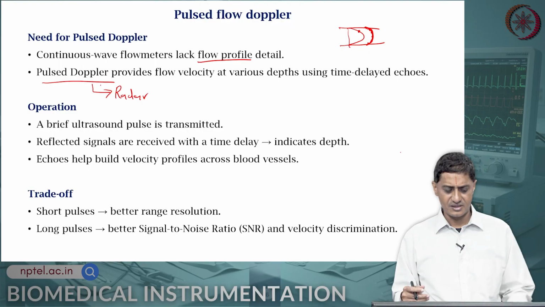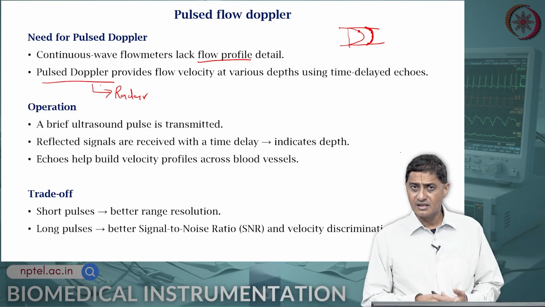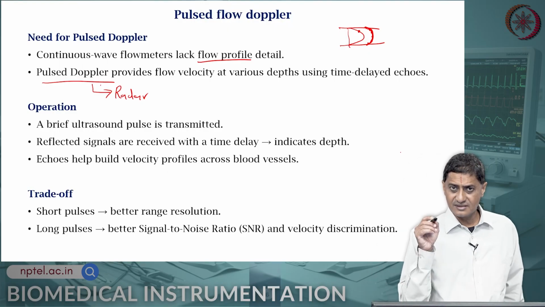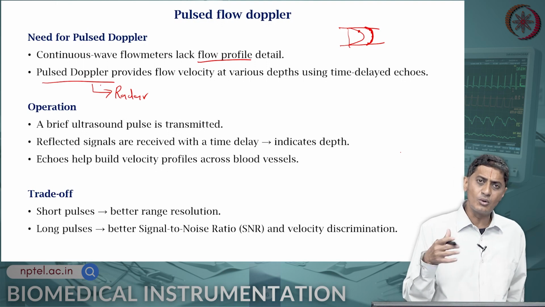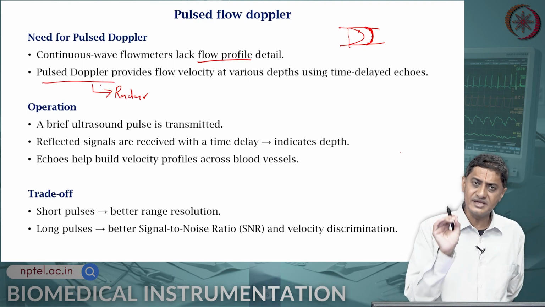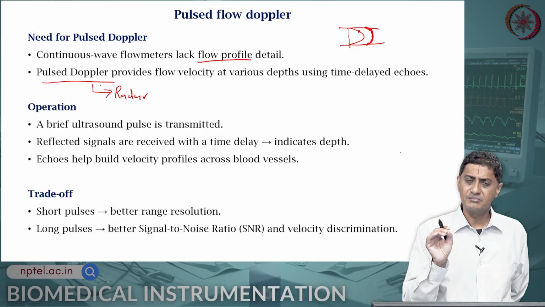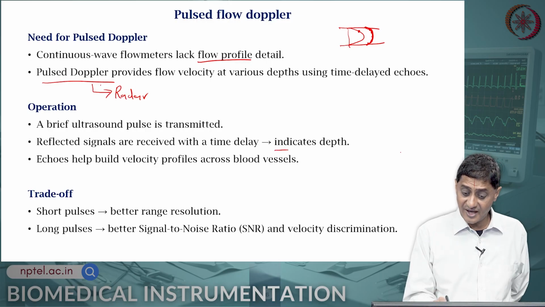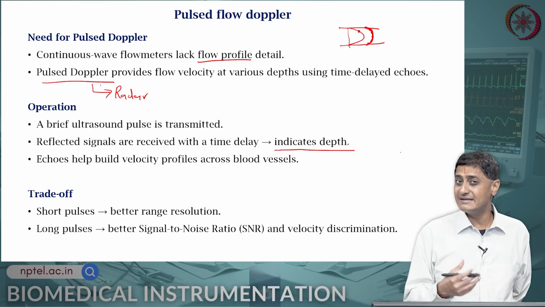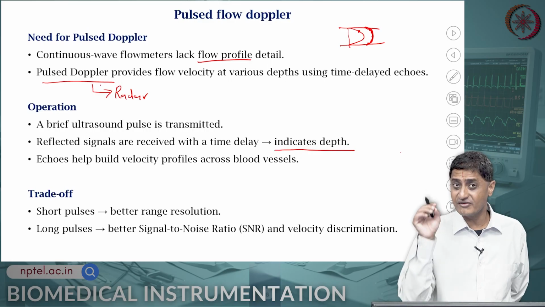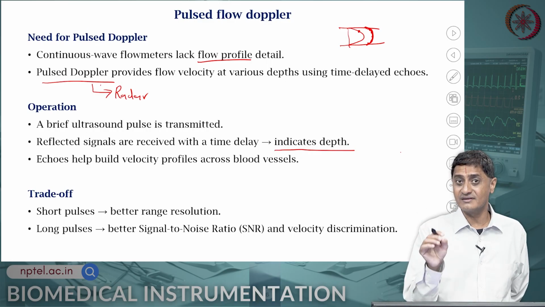transmission and the reception. Why is there a time delay? Because there is a non-zero amount of time that it takes to reach the particular point of interest. How much delay there is, is an indication of where the target is.